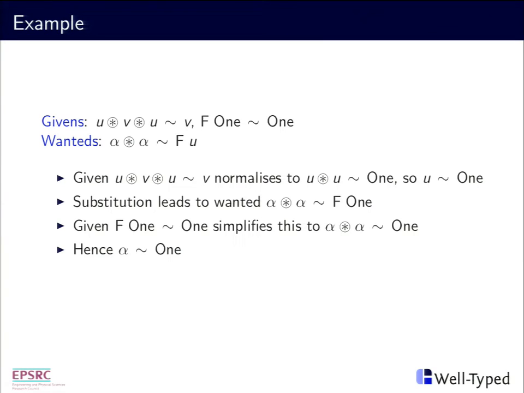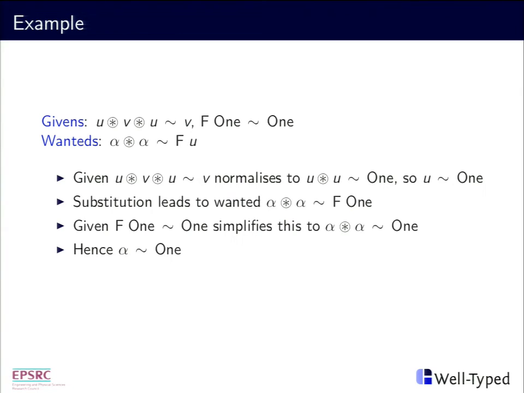I don't know what f is, just that it's some type family the user has defined. And maybe the type checker is trying to solve a wanted constraint: alpha times alpha is equal to f of u. This is the point at which GHC has given up because it doesn't know how to solve these kinds of constraints, and without the plugin it would just give you one of those unsolved constraint errors.